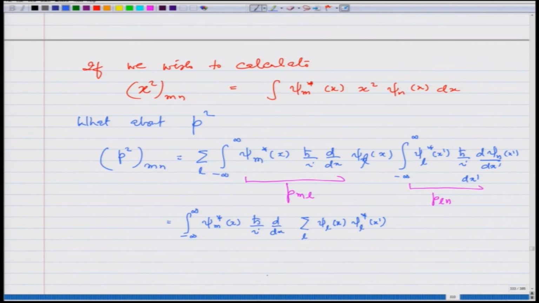I can write it like this because d by dx does not act on x prime. There is an integration over x, and then I have h cross over i d psi n x prime over dx prime dx.